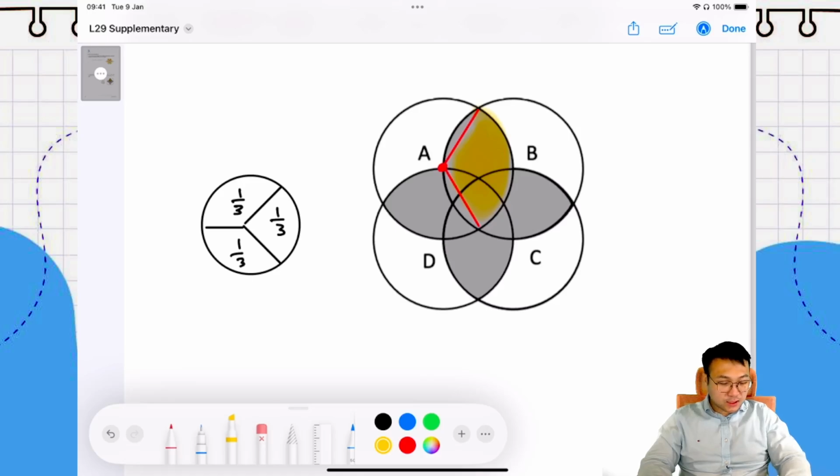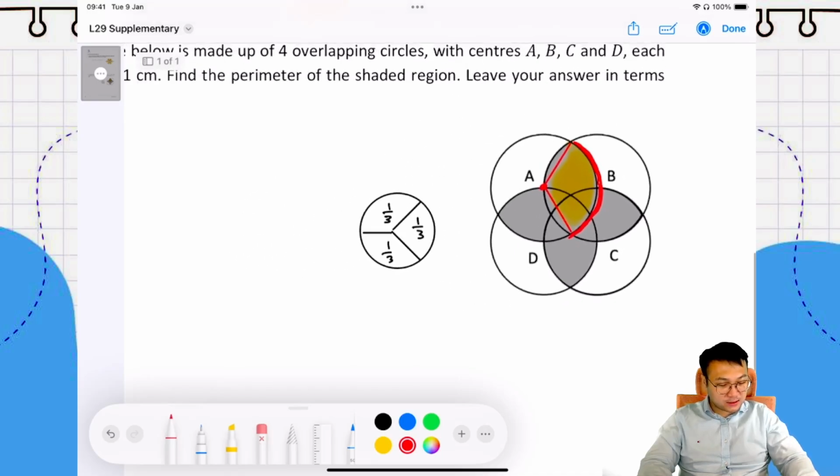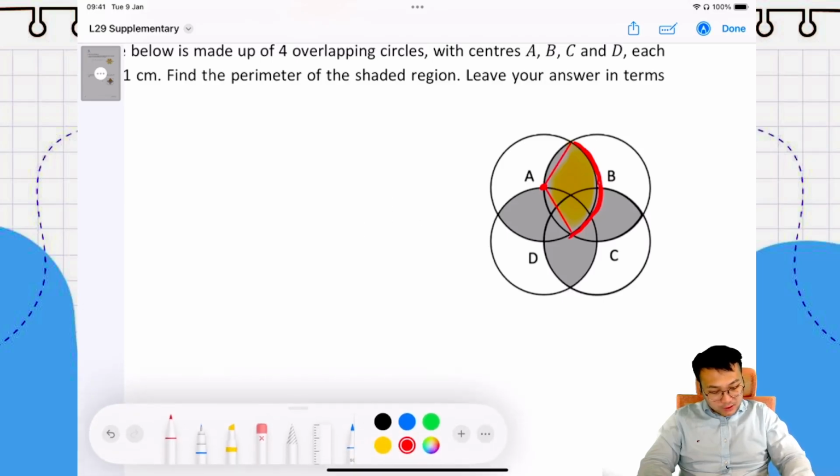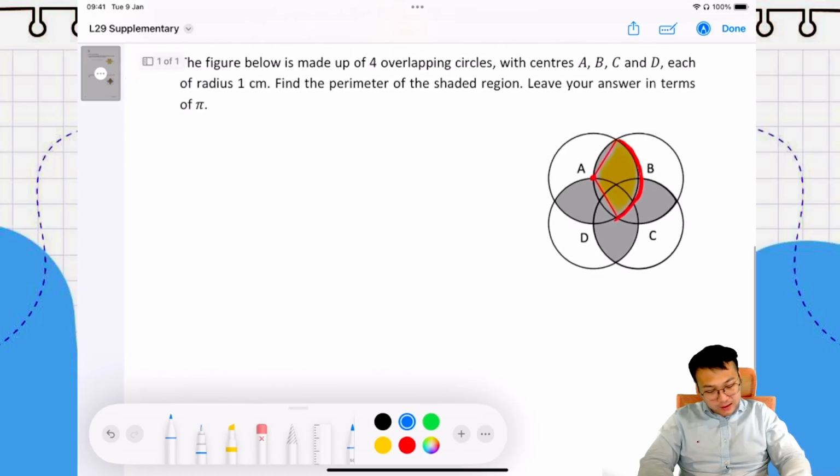So why am I trying to get this pizza? Because I would like to know the length of the outside circumference here. I would like to know the length of this red curve, which is an arc. We call it an arc. The red arc. Since we know that this is 1/3 of a circle, we will find the length of the red arc.